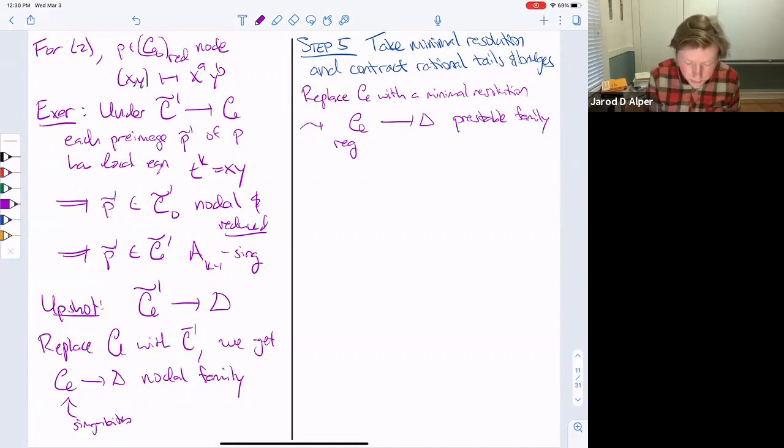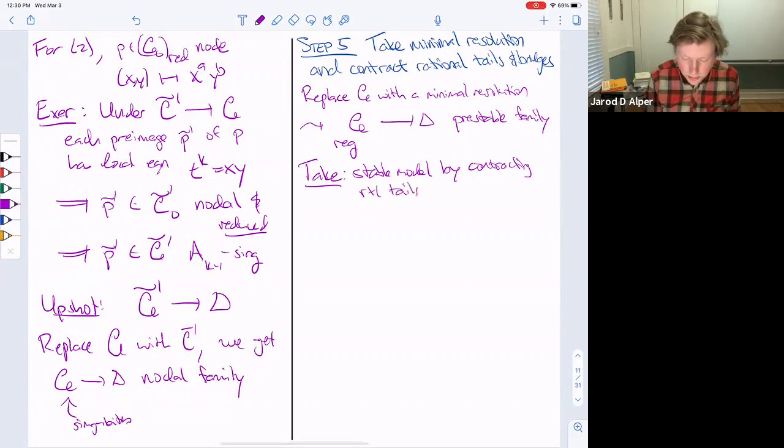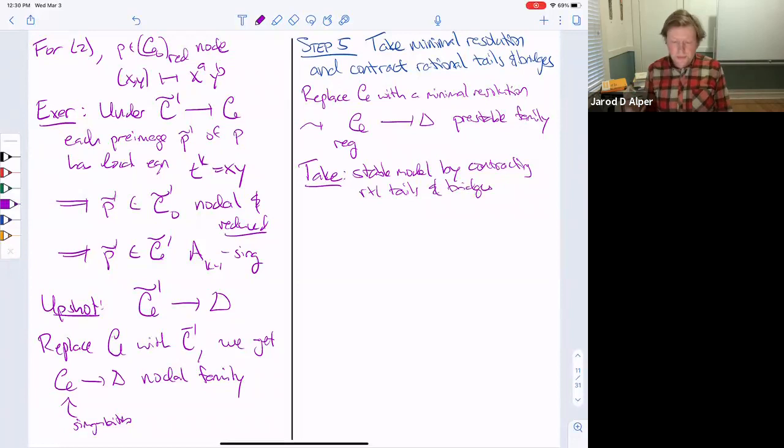And so at this step, if you want, you can take the stable model by contracting rational tails and bridges, like we showed in complete generality last time. So this gives you C going to the stable model over delta.